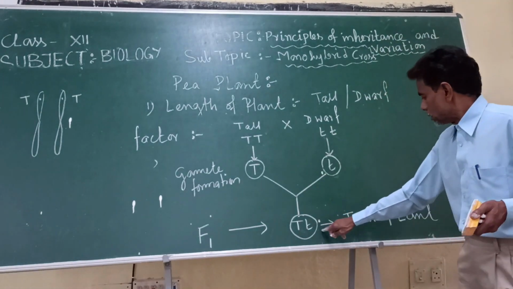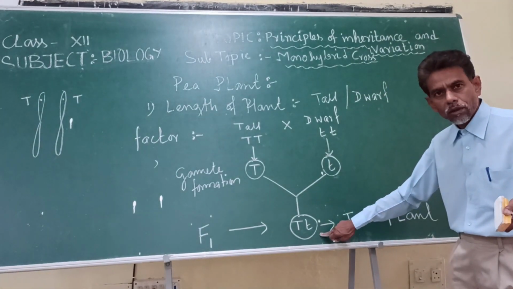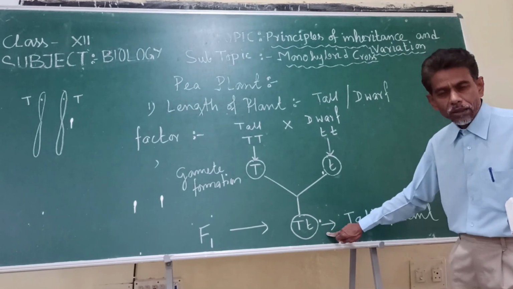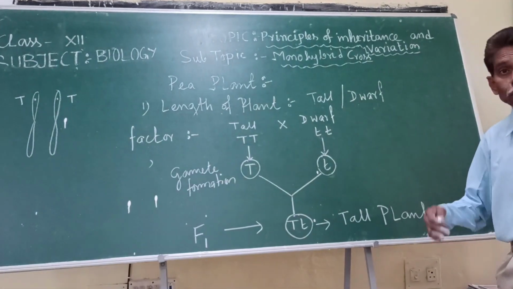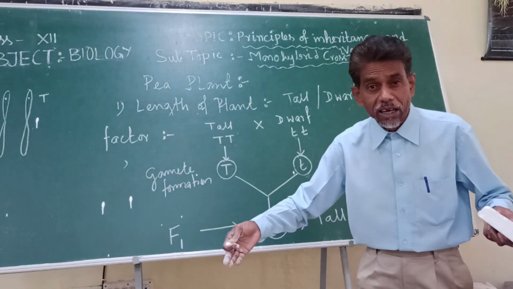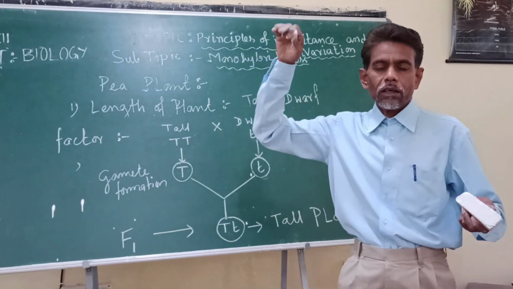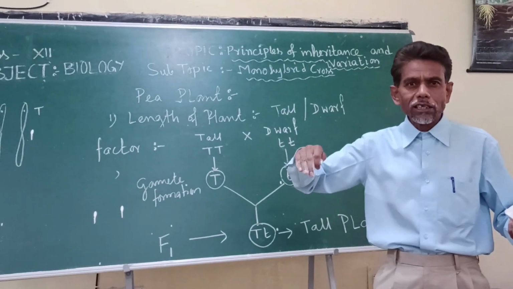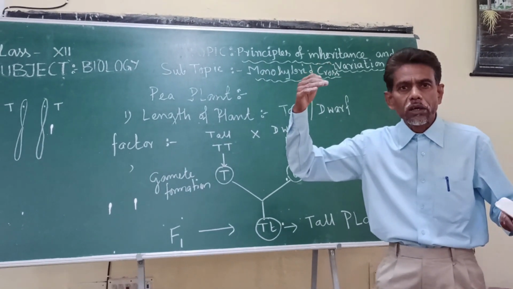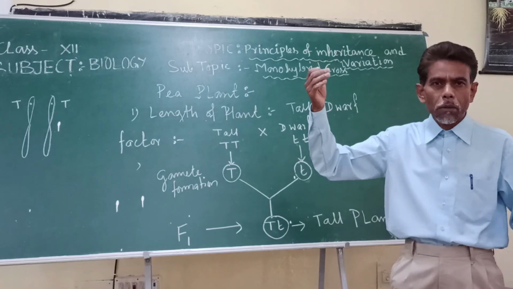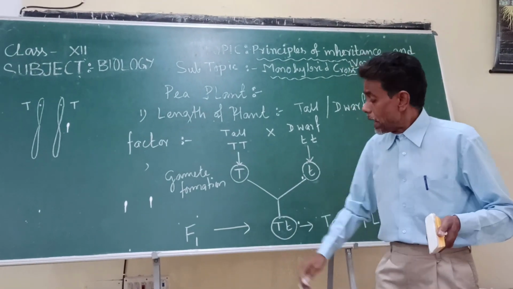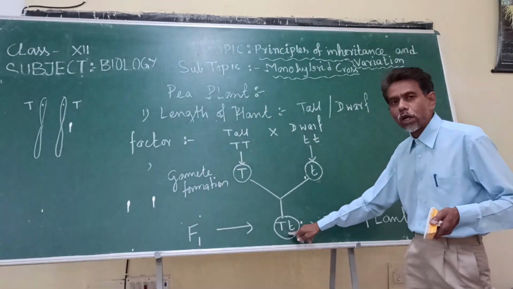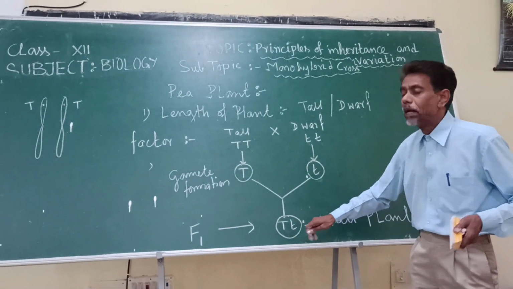So when the seeds of this are grown, they will give a tall plant. That is, we can see the tallness character. This property we call phenotype, meaning observable property which is expressed. Okay? And what is the genotype? Genotype is capital T, small t.